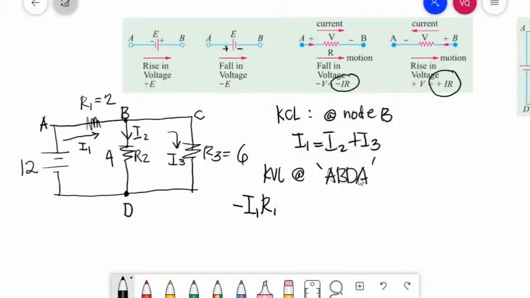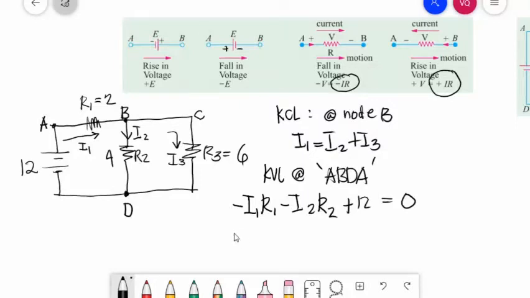Next is BD. The motion is B to D, the same direction as I2. You will have a negative I2 R2. Next is DA. From point D to point A, our motion entered into the negative sign of the battery. So when the motion enters the negative sign, you will have a positive source: plus 12, equal to 0.